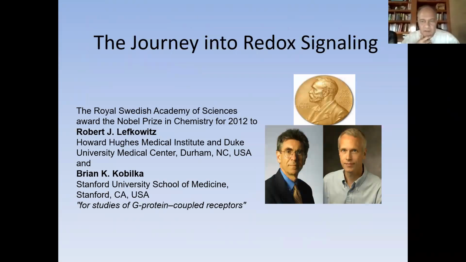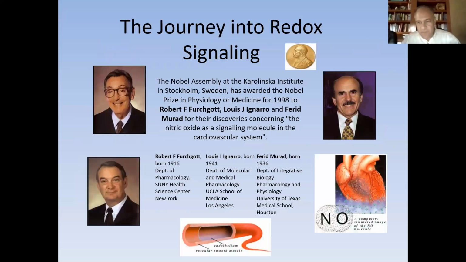Several other very notable people have devoted their careers to cell signaling mechanisms that involve reactive oxygen species. And here are a few. Nitric oxide, by the way, is one of what they call active nitrogen species, that's in the redox signaling.